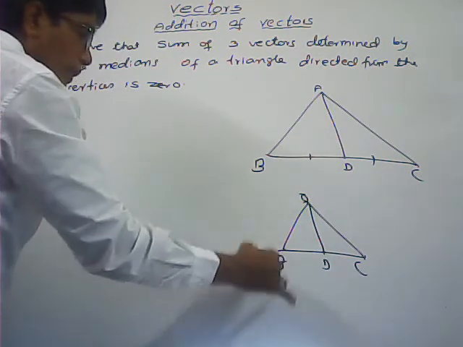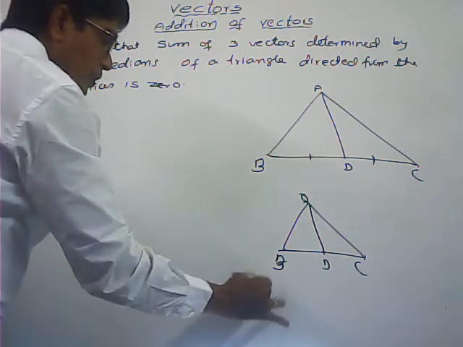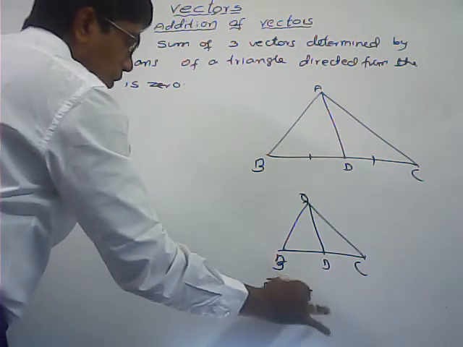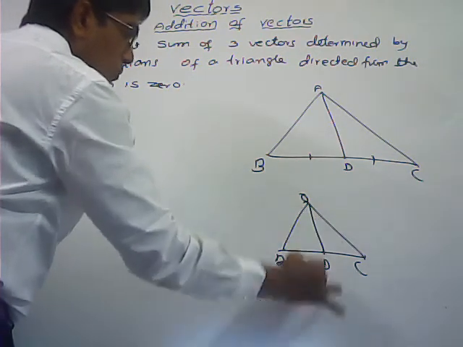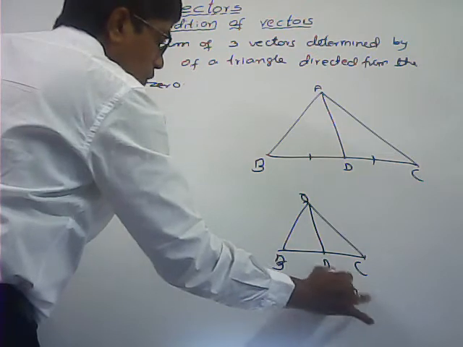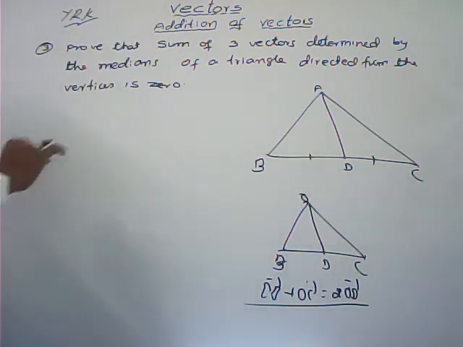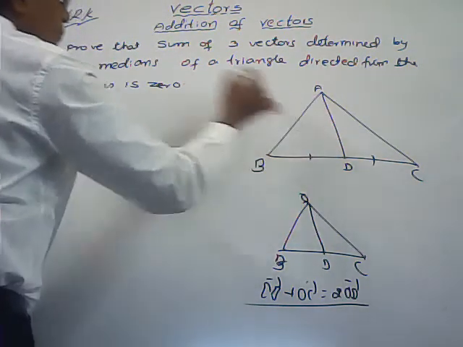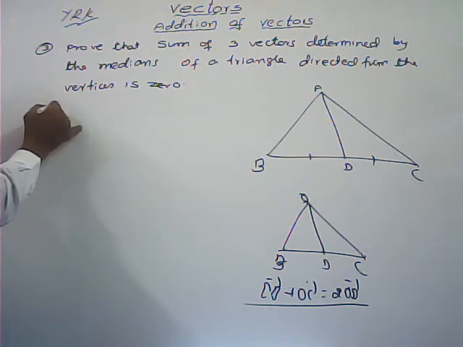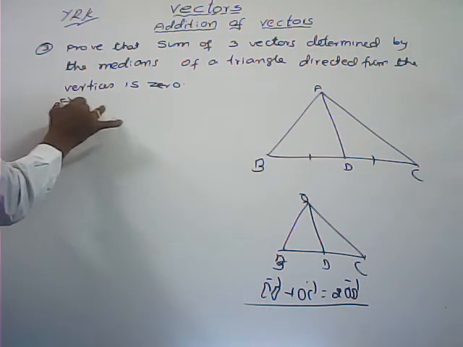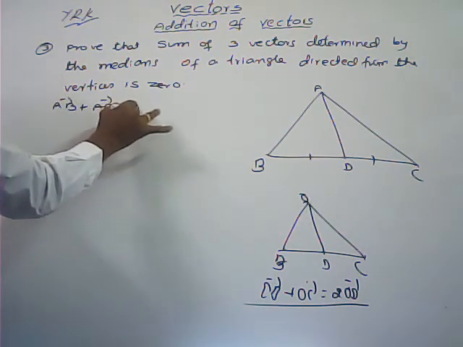So the last result: OB bar plus OC bar is 2 times OD bar. Here also I am doing the same thing. AD is the median, so AB bar plus AC bar is equal to 2 times AD bar.